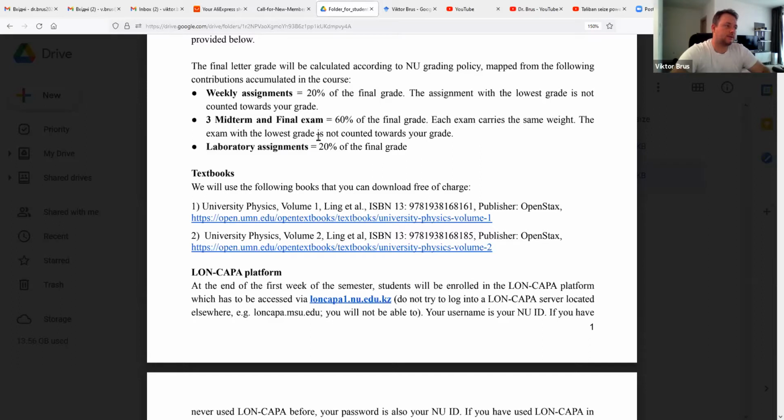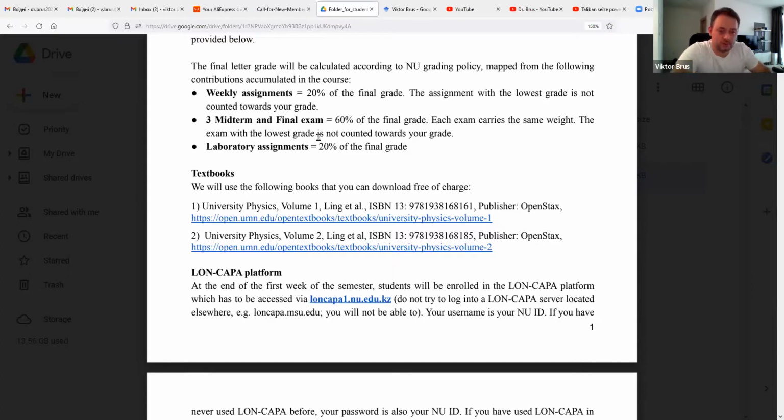For instance, some parameter is not given, or you submit your answer, LongCAPA doesn't accept it and claims it's wrong, and after checking this problem and your solution many times, you are still convinced that your solution is correct. Then you can also appeal for this particular problem.